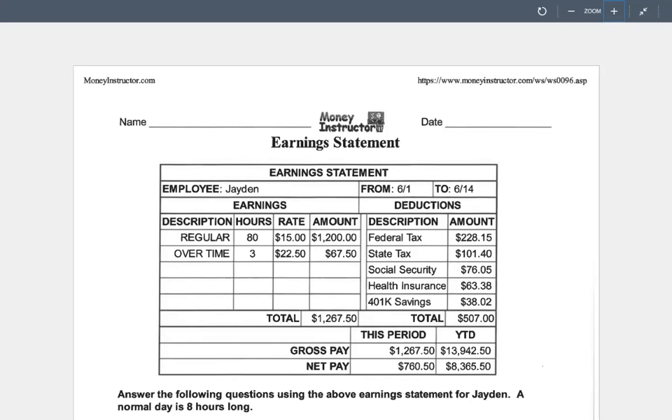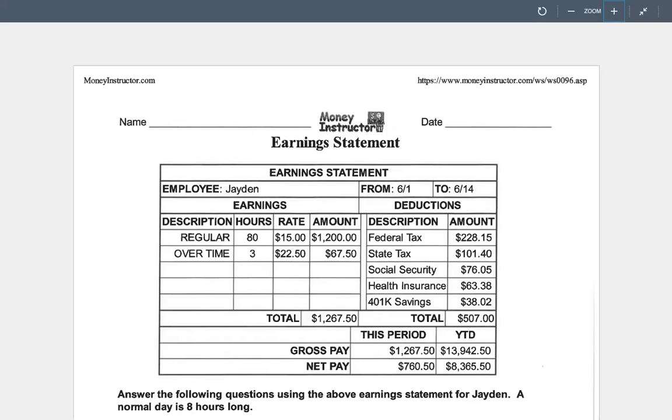The next one, state tax. $101.40. You look and you see $101.40 was deducted from Jayden's paycheck to pay for state tax.